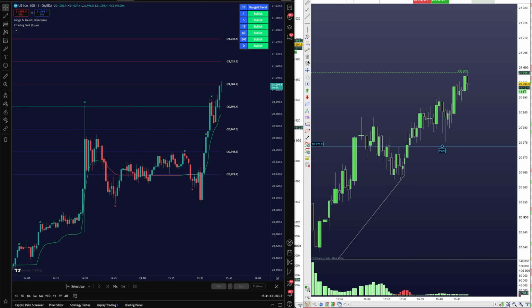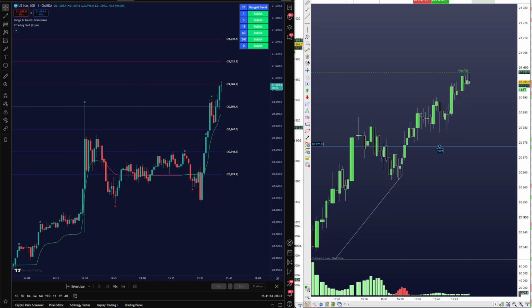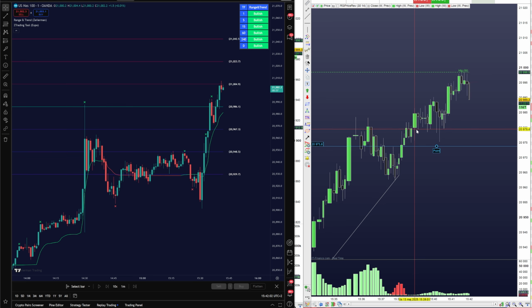So I'm selling a little bit of my position right here, because it's a round number, it's a key level, it's a bold level that algorithms respect, you know. So you need to secure a little bit of profit around these levels, and the rest is set at break even for me right now.